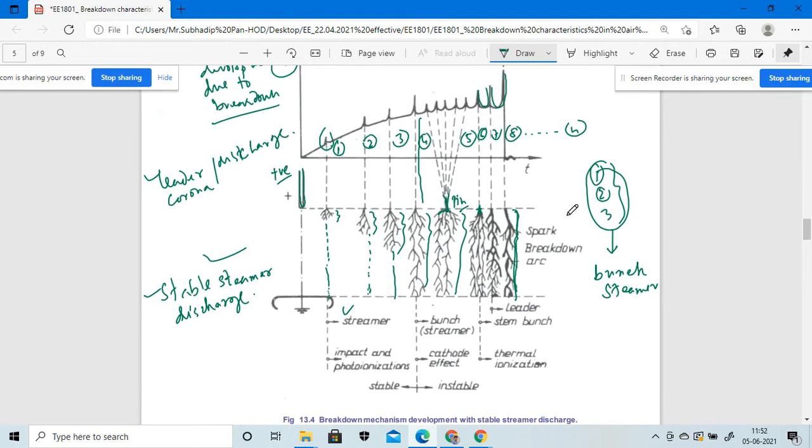Where this particular leader corona is considered, in case of a leader corona, the thermal ionization effect is taken into consideration. If we consider the star corona, the impact ionization process takes place. In case of a streamer corona, we observe the impact of a photoionization effect, right?